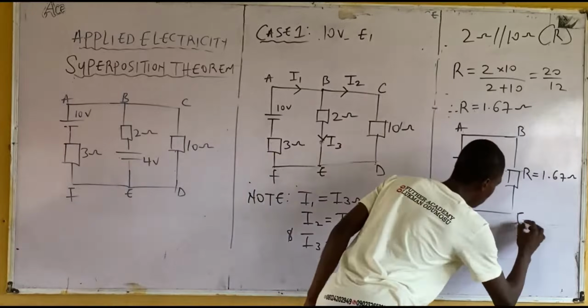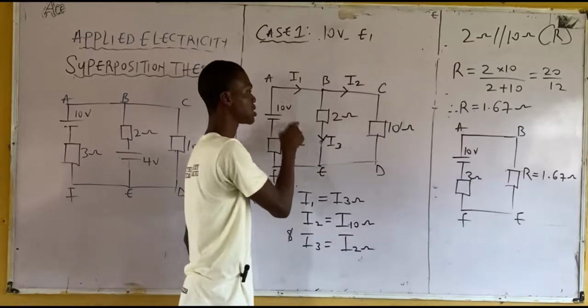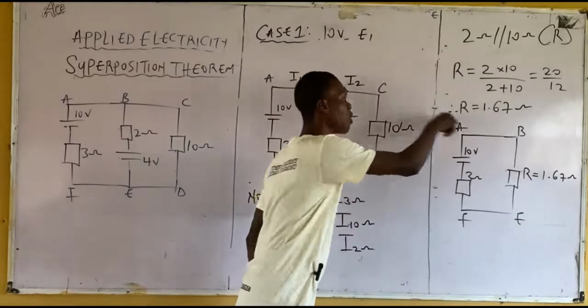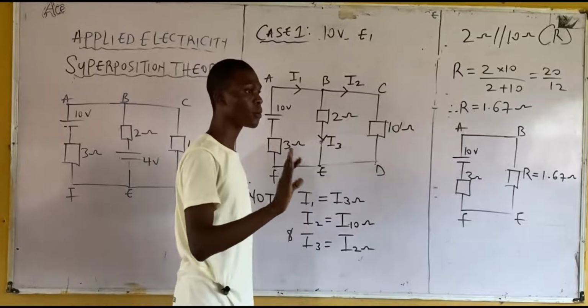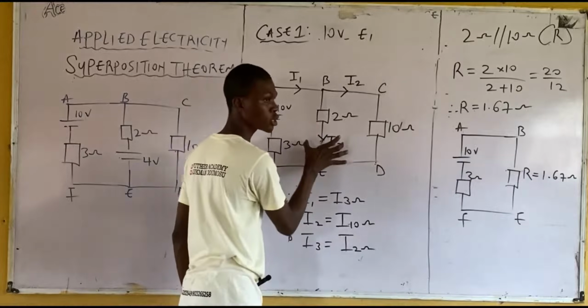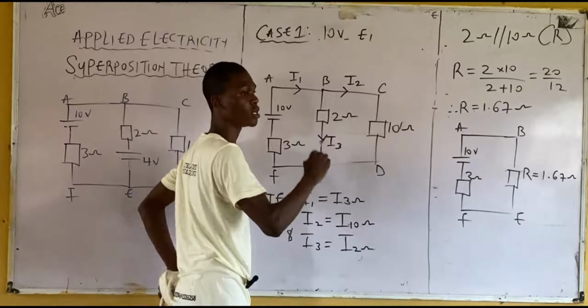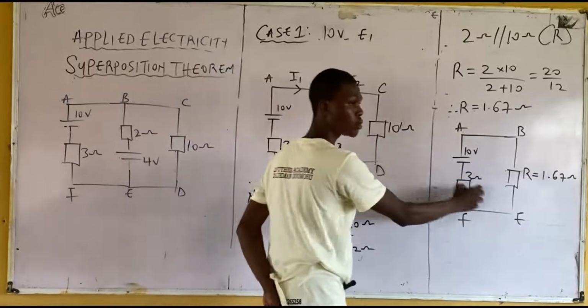E, F, right? Now, doing comparison between this circuit and this circuit, what will be the value of current passing through this circuit? I said check this circuit. You know, each branch has its respective current that we denoted. It is from this branch that I brought out this circuit.